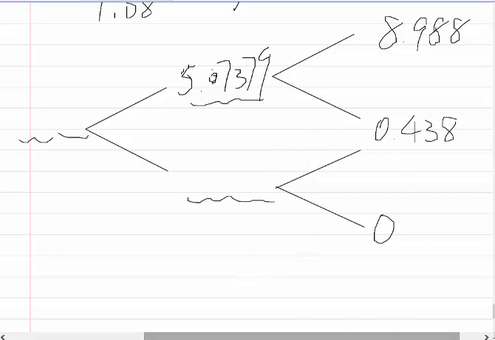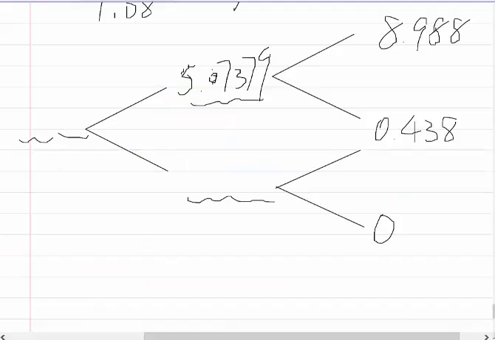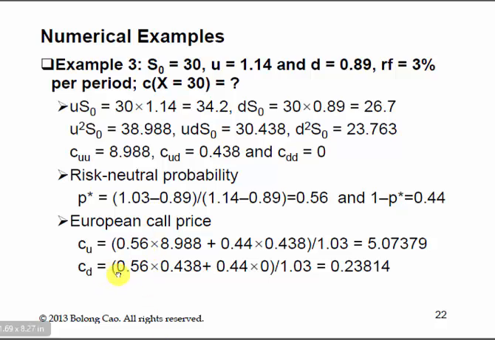And let's look at the downstate. We apply 0.56 and 0.44, again applying that to the up-down and then the down state.